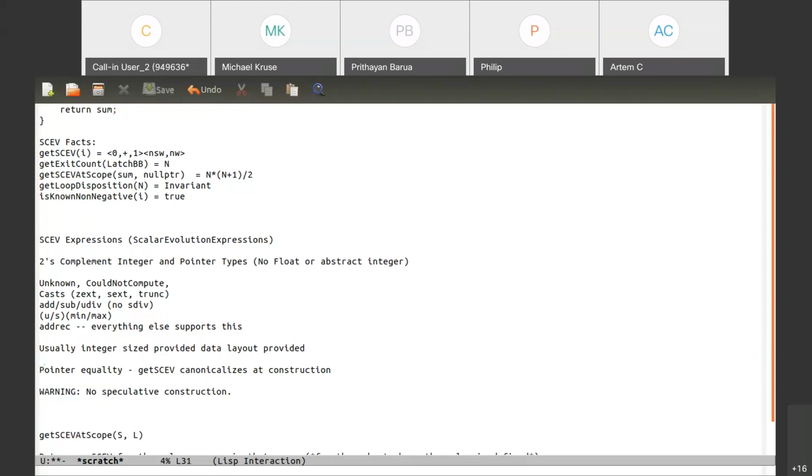One question there. There is a get minus SCEV, which is often used. I know there's a use in Polly, and I've seen it otherwise as a way to get a base pointer out of an array subscript. Is that illegal as well? Because it's not necessary that the minus SCEV expression exists. So there is no minus SCEV, but there is a subtract SCEV. And is that a problematic speculative construction?